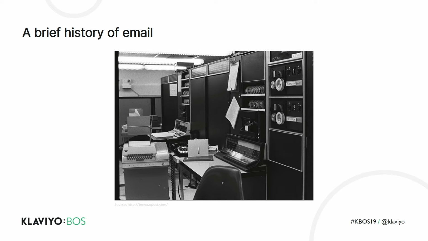And on October 29th of that year, the first email was sent from that giant computer on the left to that other giant computer on the right. And this is really the first experience of messages being sent from computer to computer. And 2 years later, the first networked email client was built. Now, over the next 5 years, email became actually 75% of the traffic on the ARPANET. So they were onto something.